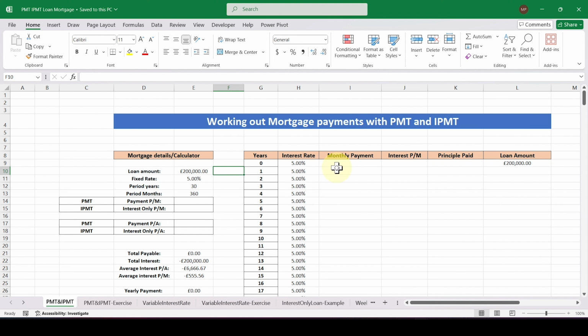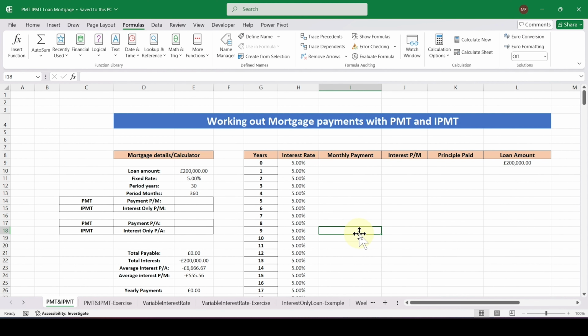First of all, we will start by finding out what our monthly payments are for this particular type of loan. And of course, we are going to use the PMT function to do this. I'll put my cell here, and to access the PMT function, you can come to the Formulas tab and click on Insert Function, or click on Insert Function right next to the formula bar.